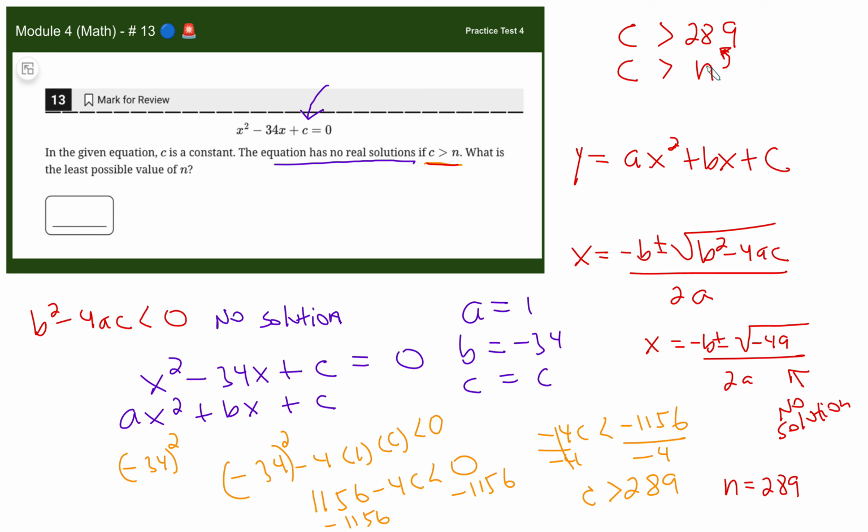But N can't be smaller than 289, like 288, because that wouldn't work.